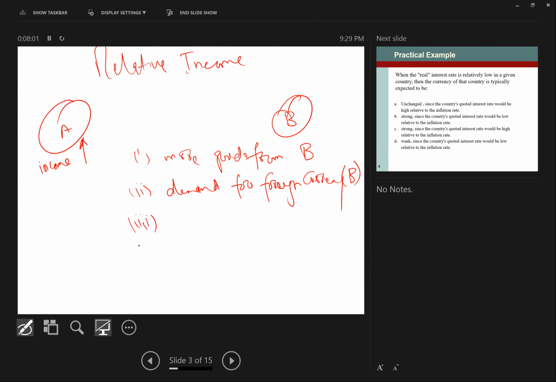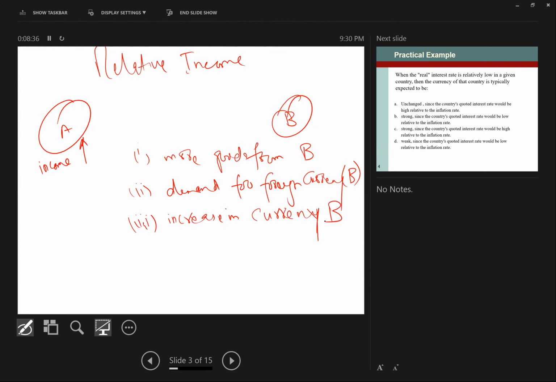So which currency will appreciate, A or B?